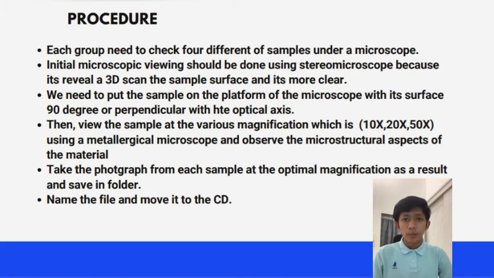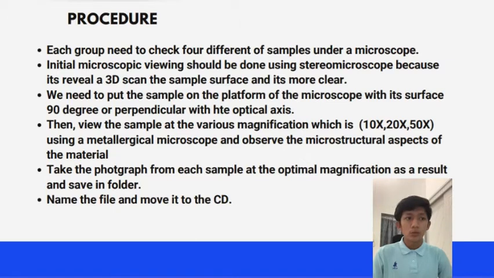So the first step is each group needs to check 4 different samples under a microscope. Second, initial microscopic viewing should be done using a stereo microscope because it reveals a 3D scan of the sample surface and it's more clear.